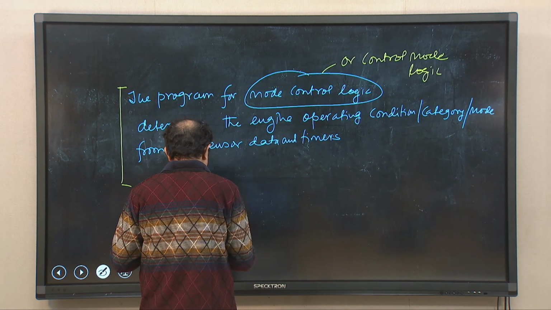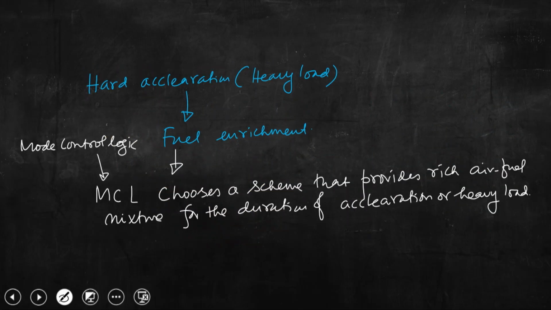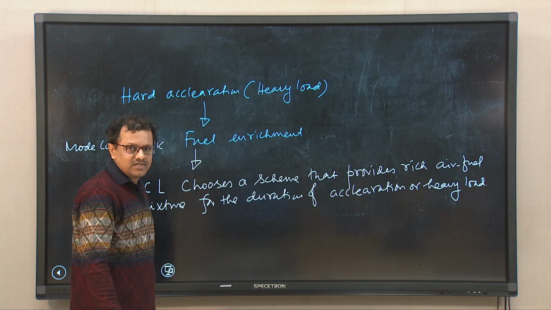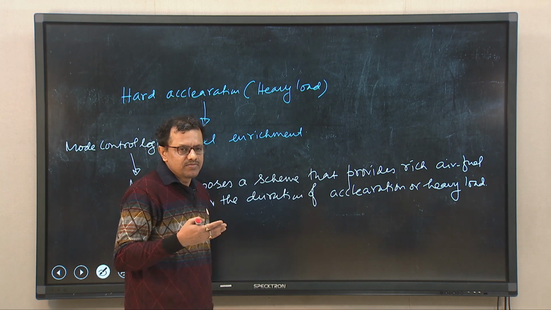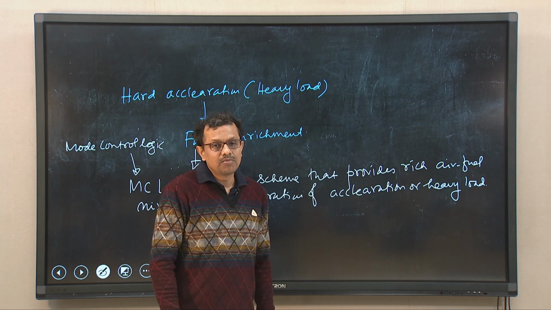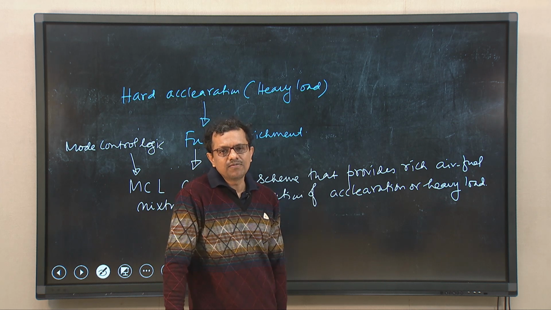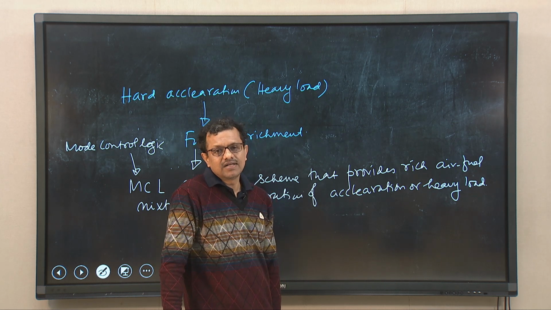Now, the question is, what happens if in this zone we supply a rich air fuel mixture? Certainly maximum torque will be produced, but it is not possible to have fuel economy and better emission.